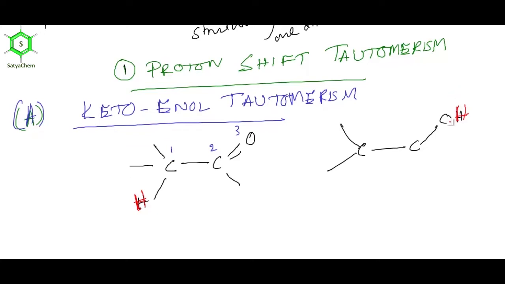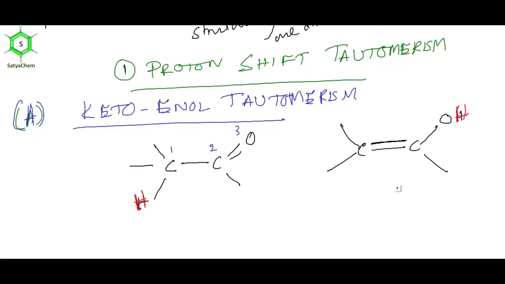Clear? So when this hydrogen gets transferred to this oxygen, then there will be an oxygen-hydrogen bond. Then obviously what will happen? Now this carbon has 3 bonds. We know that the number of bonds arising from carbon should be 4, that is why there should be a double bond.